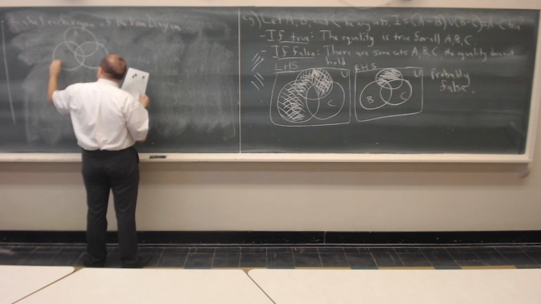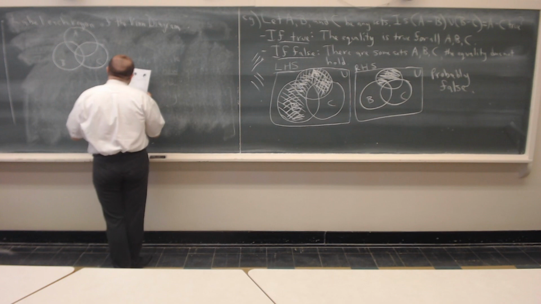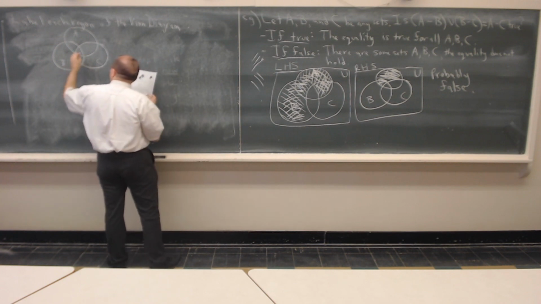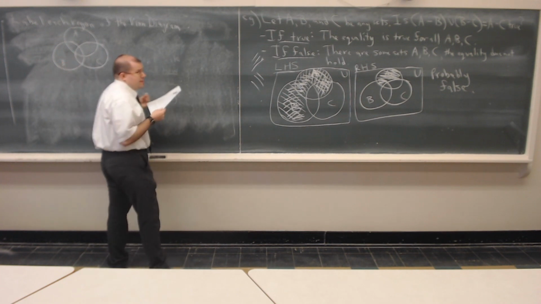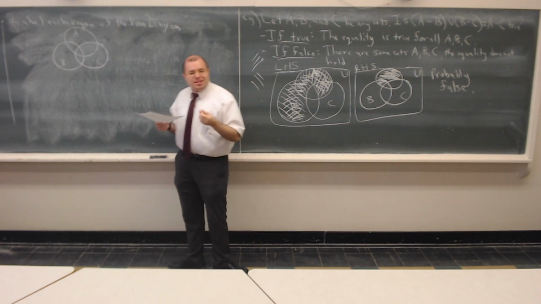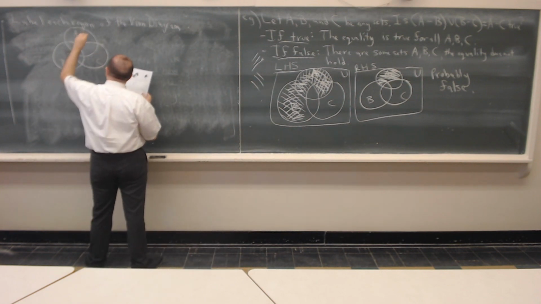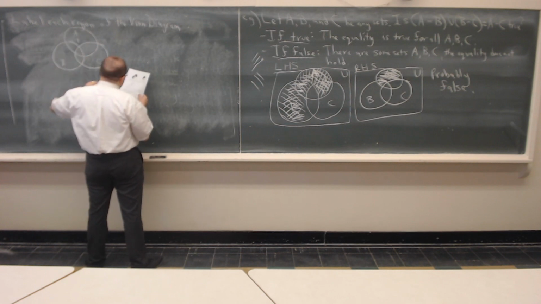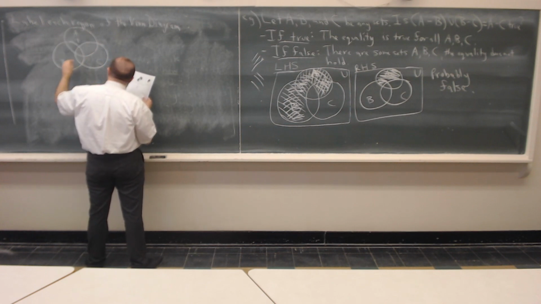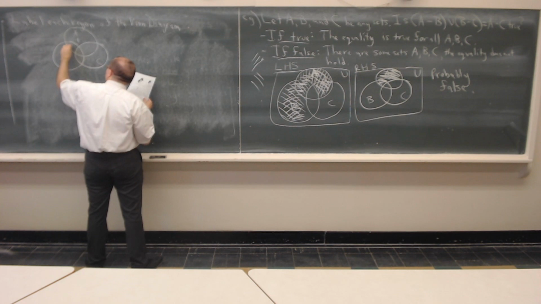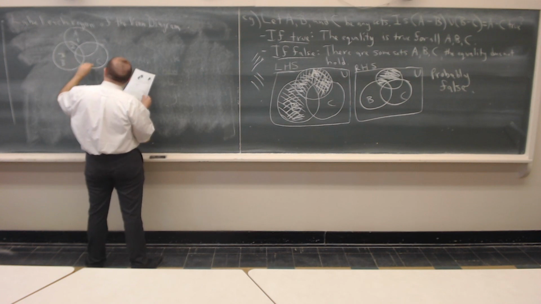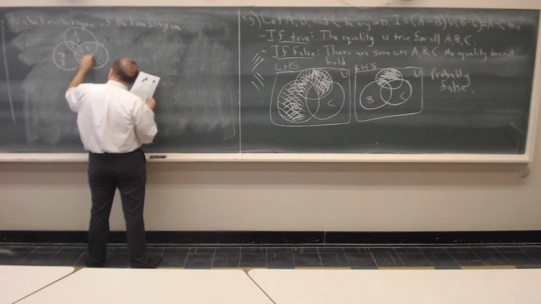Remember, that's A, this is B, and this is C. I'm going to label it like this. Now, you don't have to label it like this. I'm just assigning numbers to each region. I'm not picking any special way of labeling these. The only thing is that each region has a distinct number. So this region here is just going to have 1, 2, 3, I'll call that one 4, 5, 6, 7.